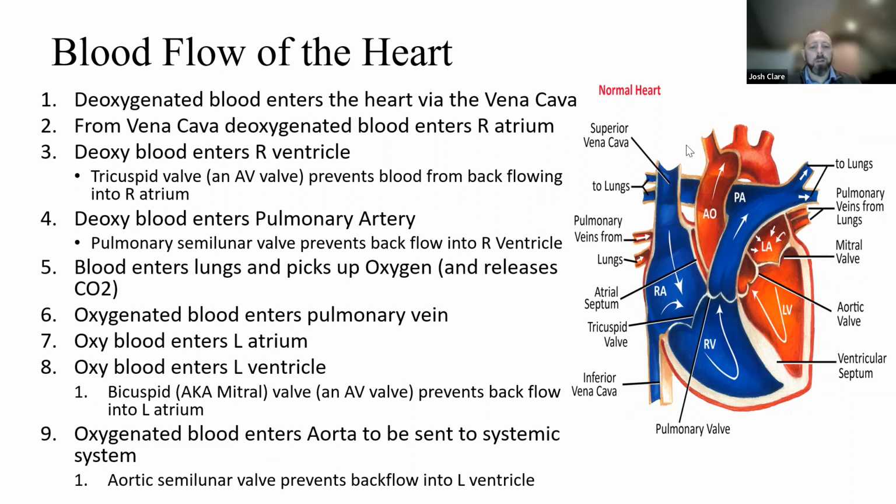Then it goes into the left ventricle through the bicuspid, also known as the mitral valve. Then the oxygenated blood enters the aorta through the semilunar valve, and again, that's to prevent backflow.